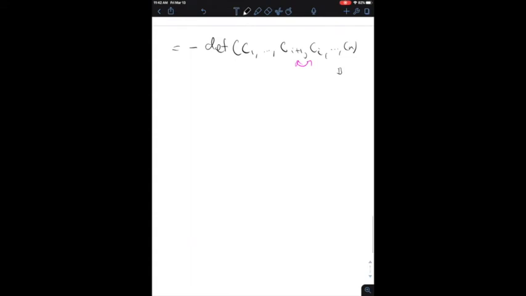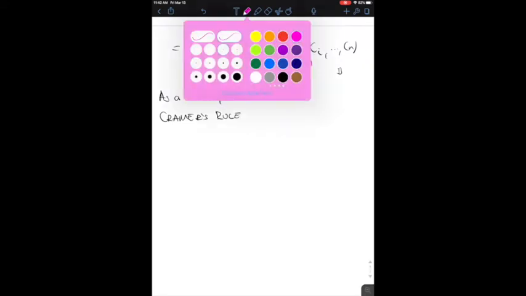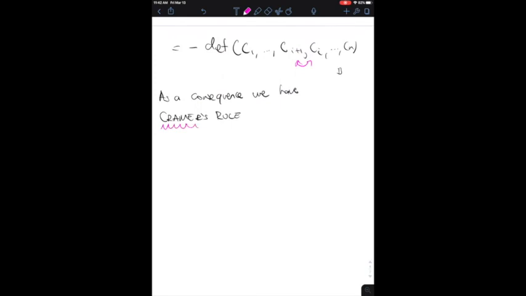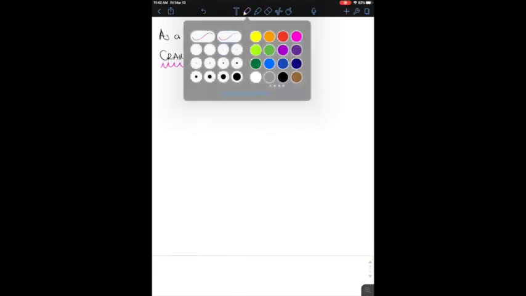We get a lot of nice consequences as a result. One consequence is Cramer's rule, which tells you the following.